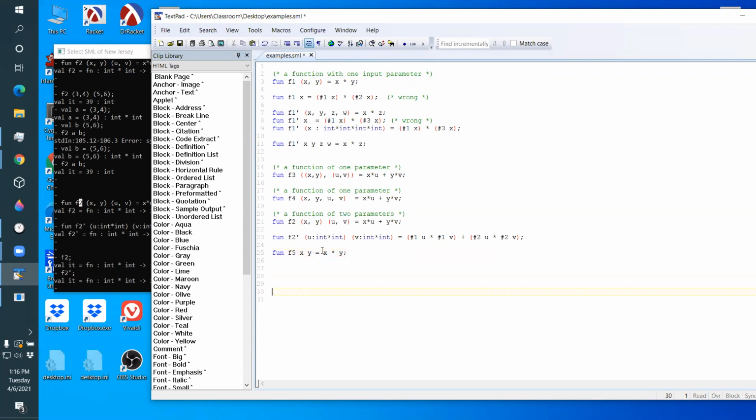Let me give them different names. I'm going to call them F and G. So function F is x, y equal to x times y. I want to simplify the names a little. So there's function F and function G of x, y is x times y.